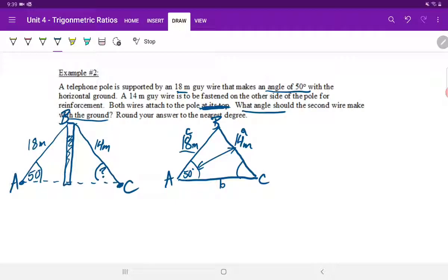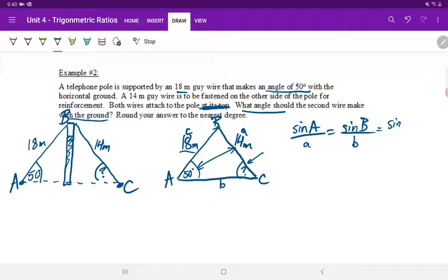They're saying, what angle should the second wire make with the ground? This is your second wire here. So we are looking for angle C. Because you're looking for an angle, put your angles in the numerator. And notice how I'm always writing out all three ratios.